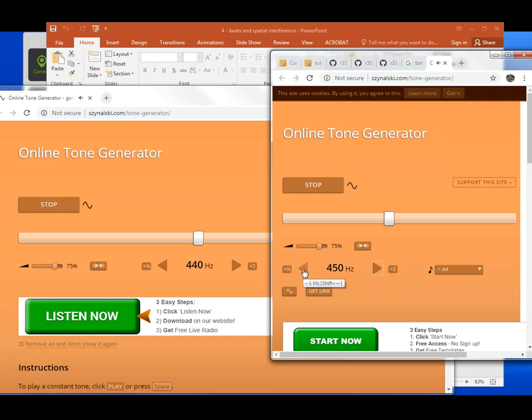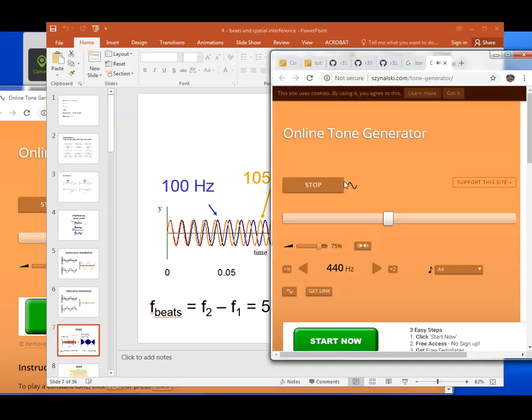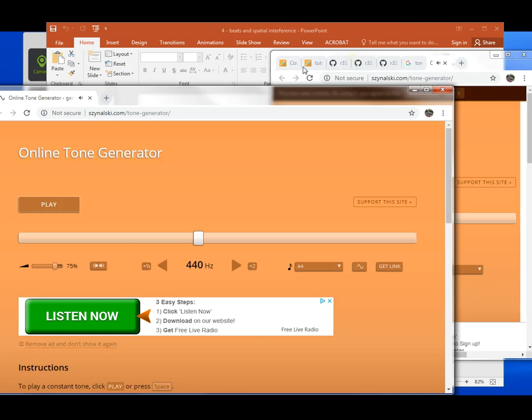And then as I get the 2 tones closer to each other, once they're actually coinciding, you don't hear any beats anymore. They're perfectly in tune with each other, and their interference is completely constructive. Okay, so that's our demonstration there.